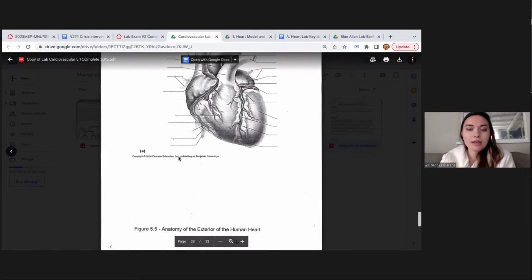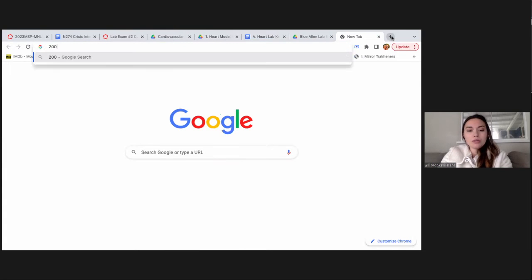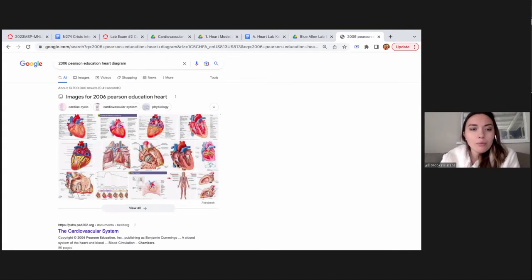And the fastest way to label this is, everybody see it says Pearson Education. So you can look up 2006 Pearson Education heart diagram. And then it will pop up for us the same picture right here.